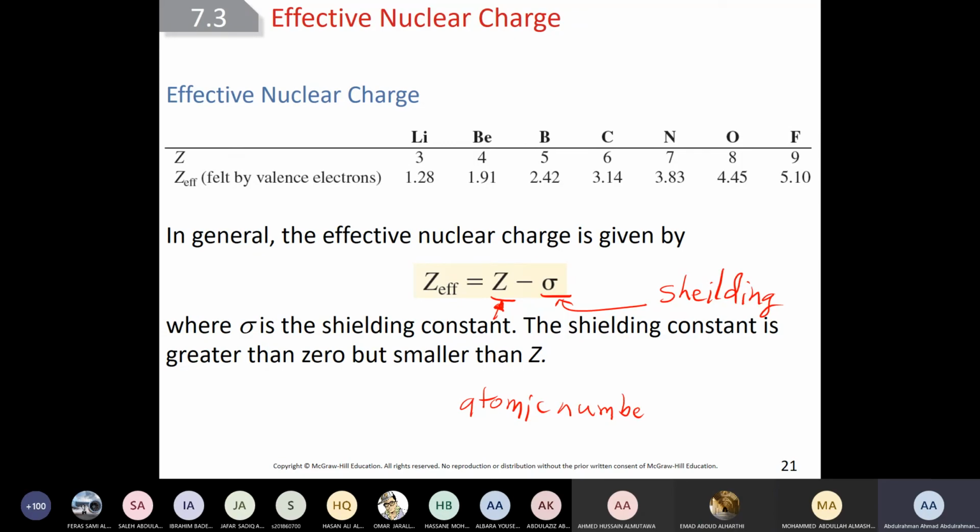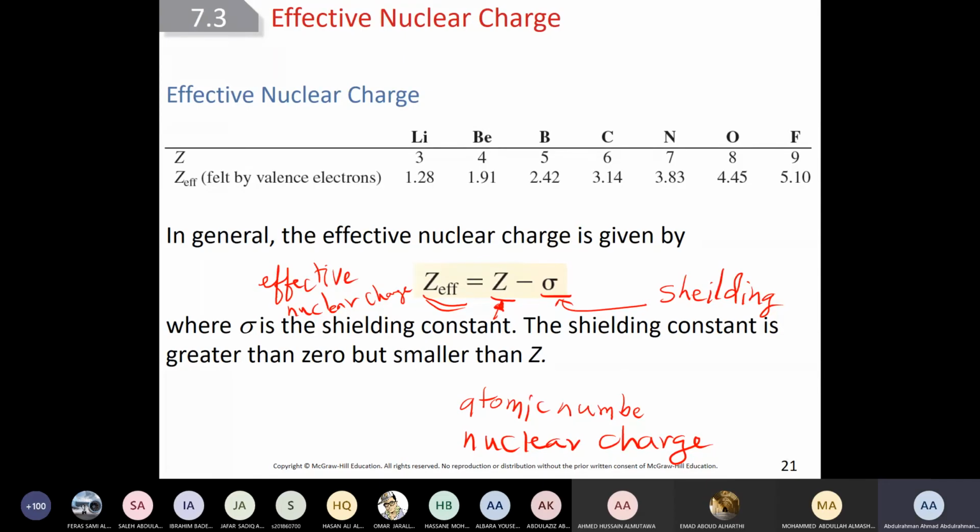What is Z effective? Effective nuclear charge. Because atomic number is nuclear charge. Same word. And this is effective nuclear charge.